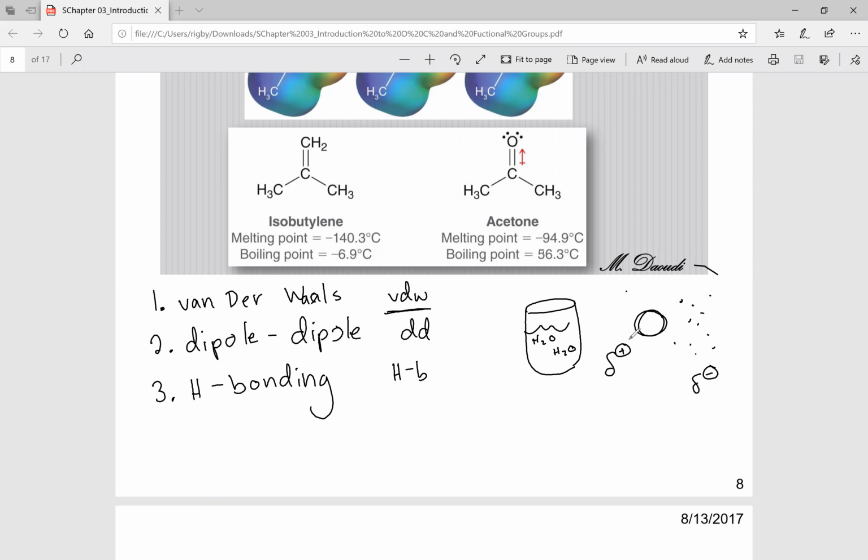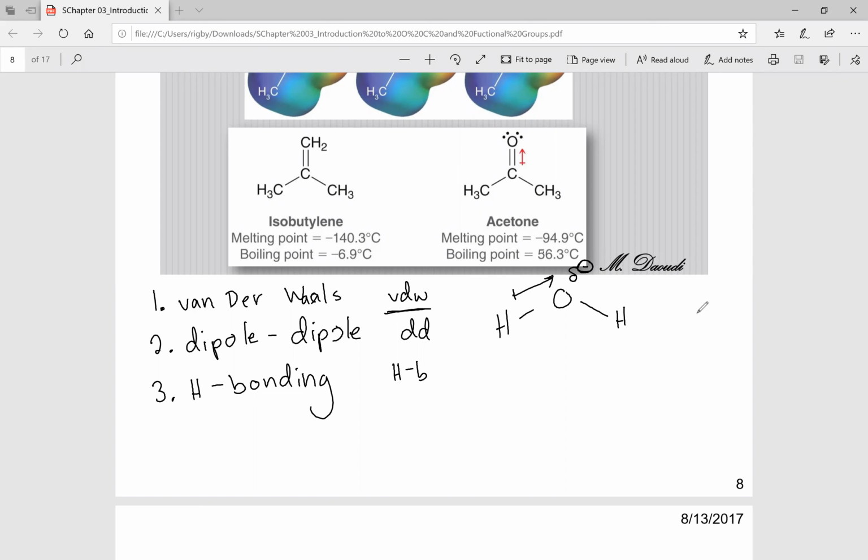In a similar vein, we can talk about dipole-dipole forces, and I'm going to use water as my example. A dipole-dipole force is essentially a permanent van der Waals force. We see here that this oxygen is more electronegative than those hydrogens. A reminder, electronegative just means it attracts electrons more. So this oxygen is going to attract more of that negative charge, and it's going to be partially negative.